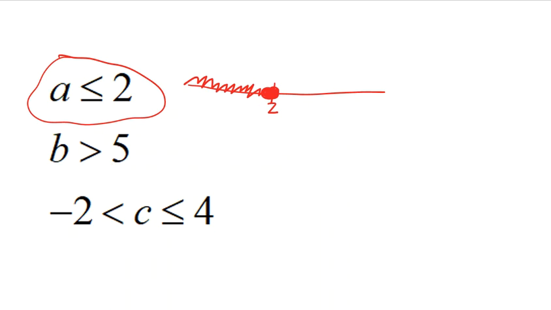This next one is b is greater than 5, just greater than 5. In that case, we might make a number line, put 5 on that number line, and shade any number above 5. But then we have to put an open dot at the 5 because, if you think about it, it's impossible to tell somebody the first number after 5. If you ask a little kid, they might say 6, which makes some sense.